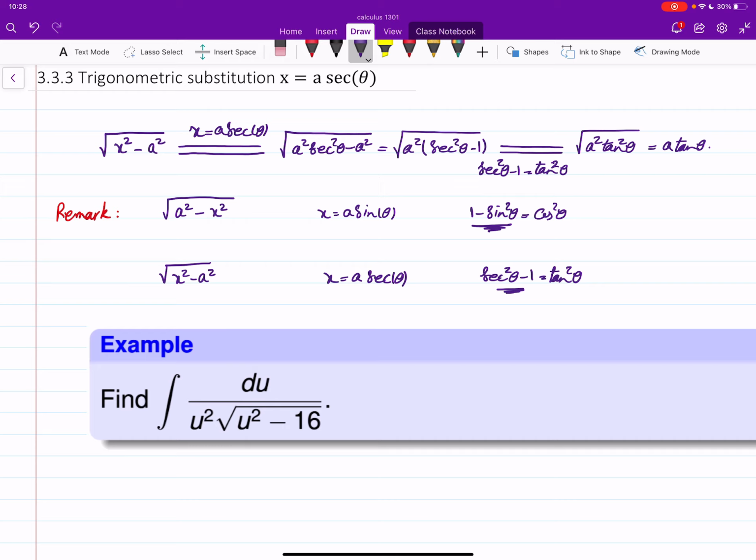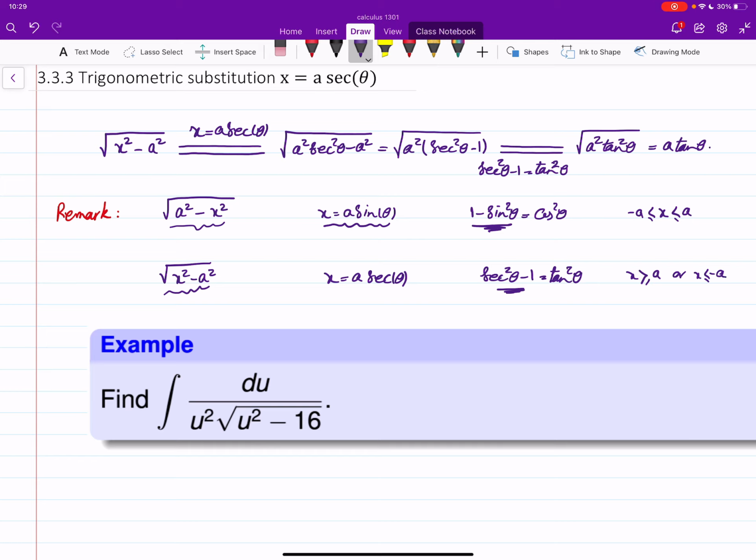There's also another thing: if your expression is of that form, that means that the domain of x is between a and negative a, which exactly matches the domain here, because sine is between negative 1 and 1. And for this one, the domain is x is either bigger than a, or x is less than or equal to negative a.